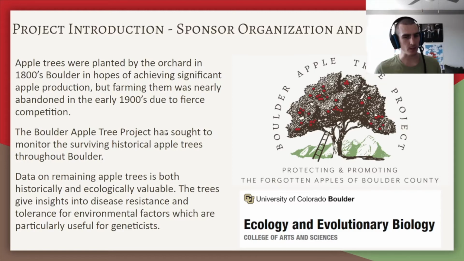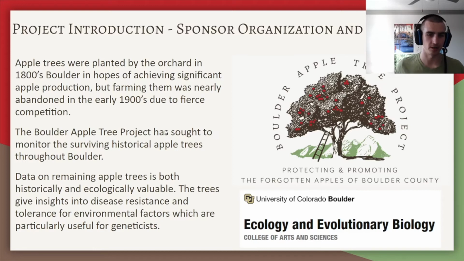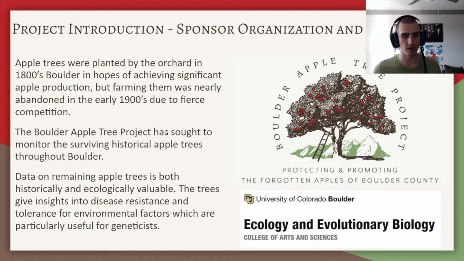Apple trees were originally brought to Boulder in the 1800s in hopes of establishing an apple production to serve the Boulder area. But due to competition from other states, this was nearly entirely phased out by the early 1900s. So what the Boulder Apple Tree Project is doing is that they want to track the descendants of these original apple trees, which can give us a lot of useful insights.